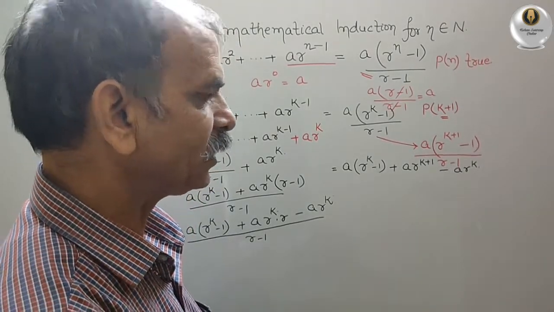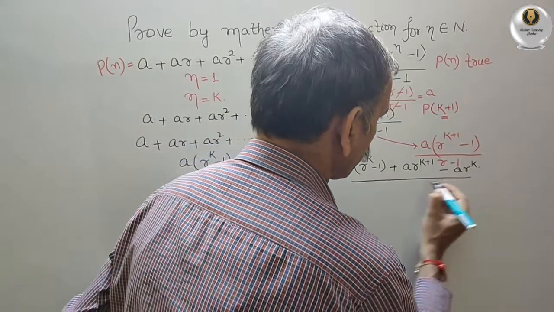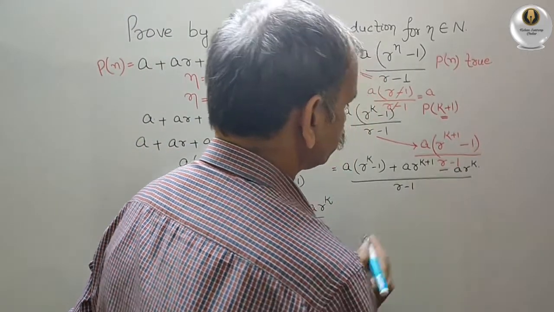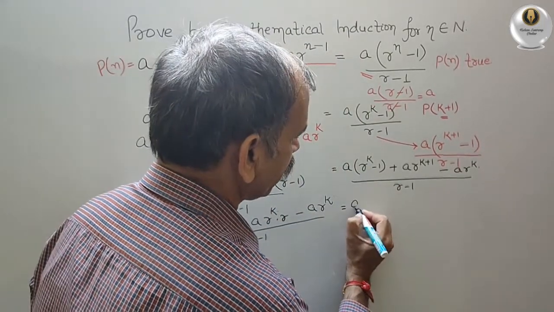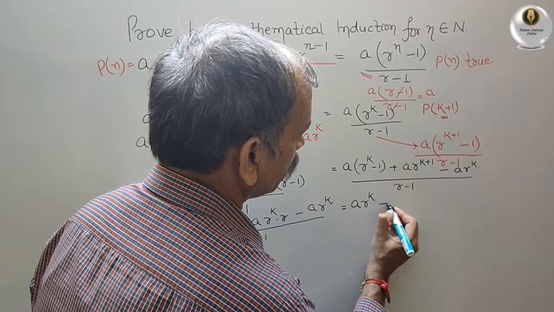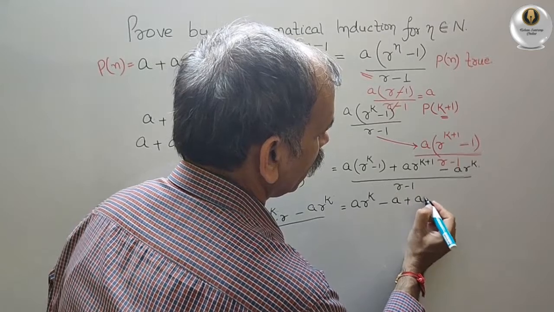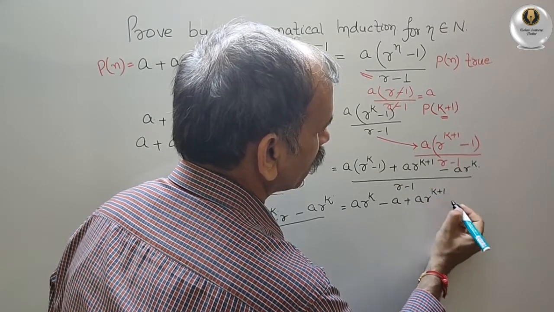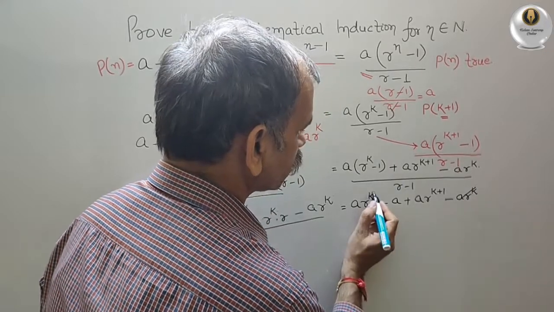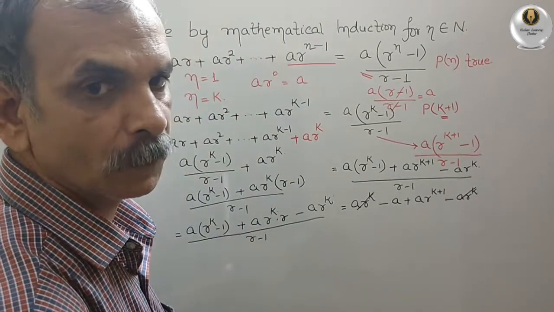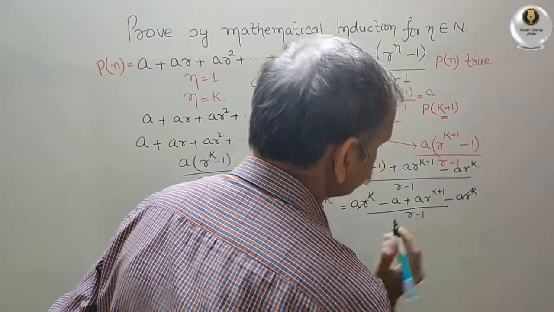Now can we take anything? Solve this also by r minus 1. That is equal to, now you can take a r^k minus a plus a r^(k plus 1) minus a r^k. This and this common, plus and minus common, and here comes your r minus 1.